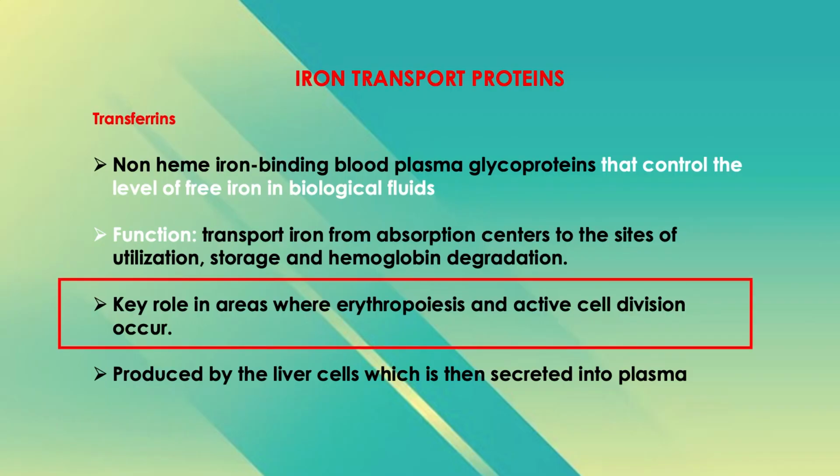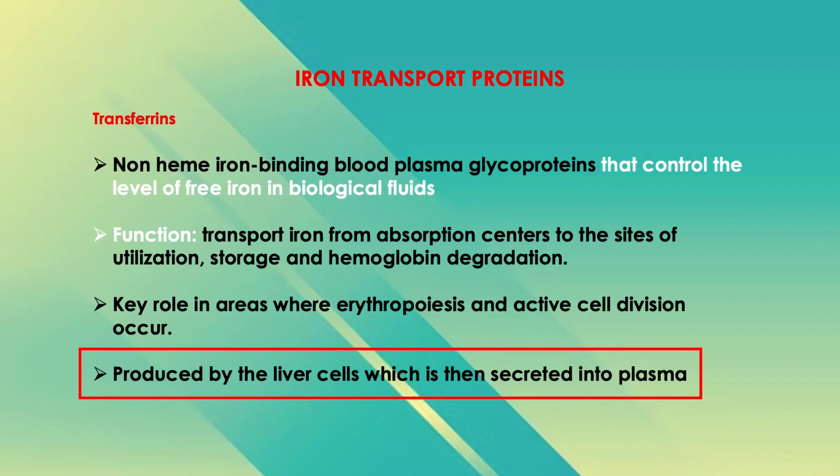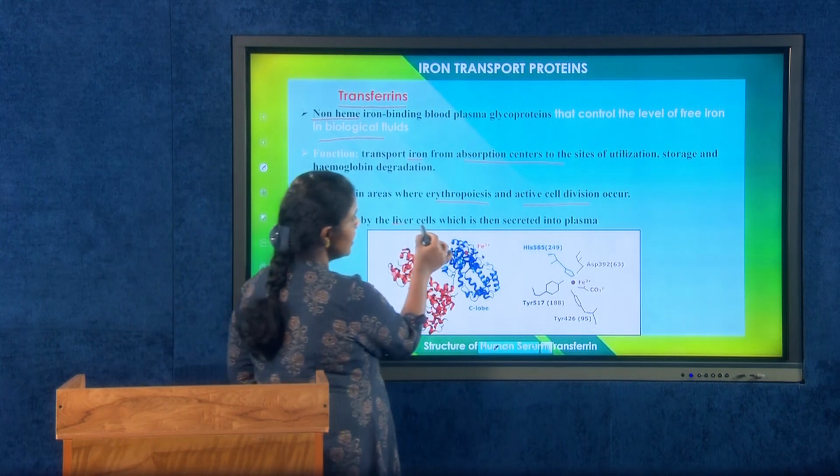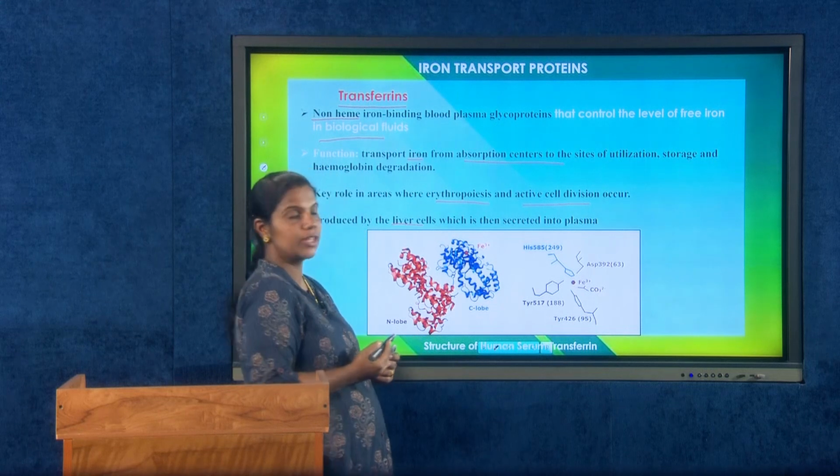It has a key role in erythropoiesis and active cell division. It is produced by the liver cells and then secreted into the plasma.